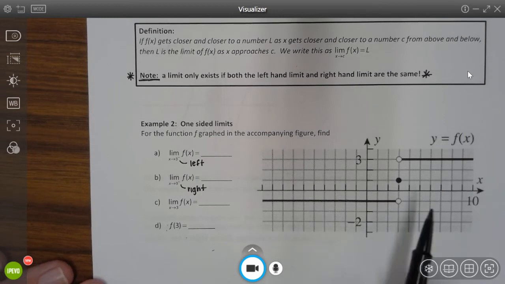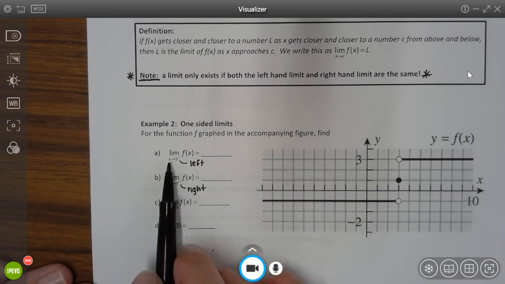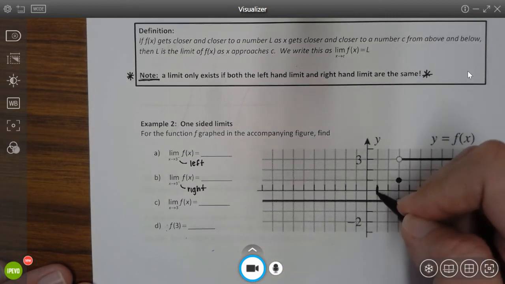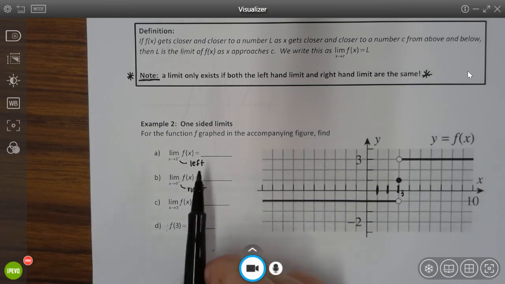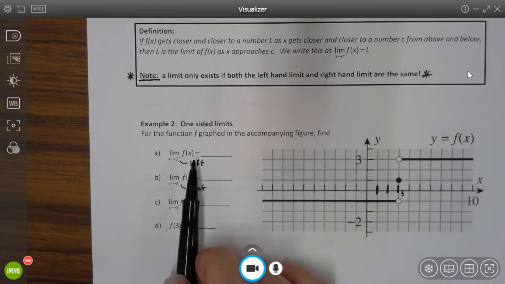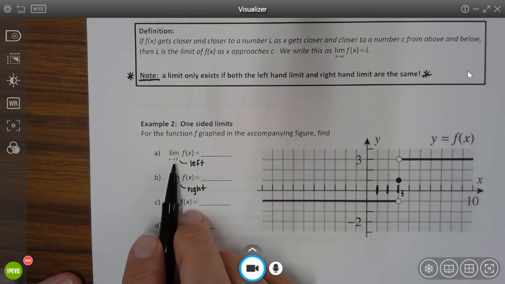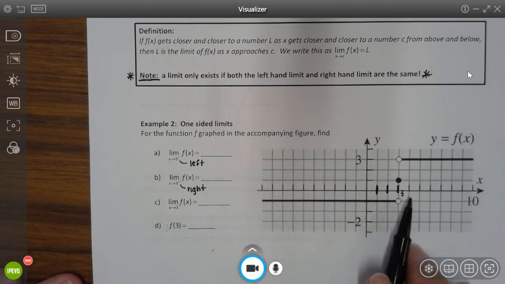So what that means in terms of the graph is that if we take a look at x approaching 3, we're looking along the x-axis. So here's 3 on the x-axis. We basically want to know what y is doing. So if I'm looking as x approaches 3 from the left, I'm coming from this direction.